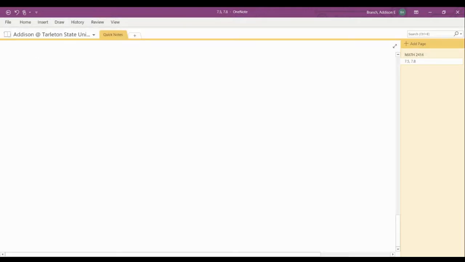So now let's try another example. In this one, we are integrating 1 plus square root of x all to the 8 dx. All right, so now let's think about what we have here.